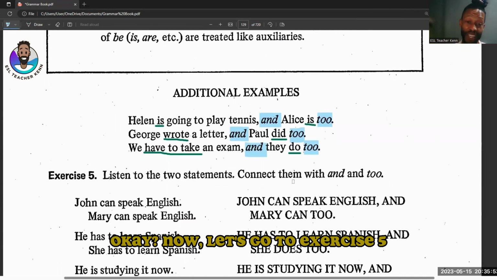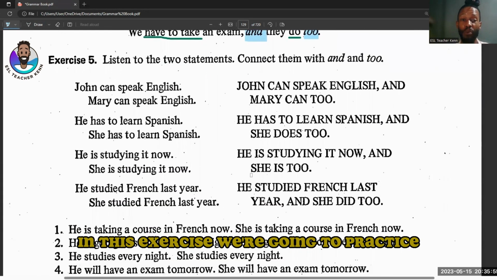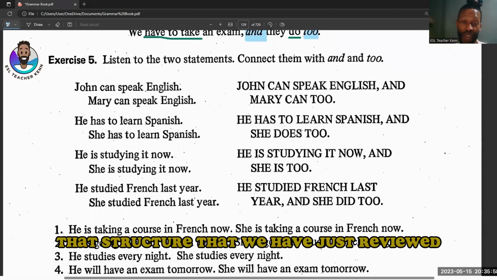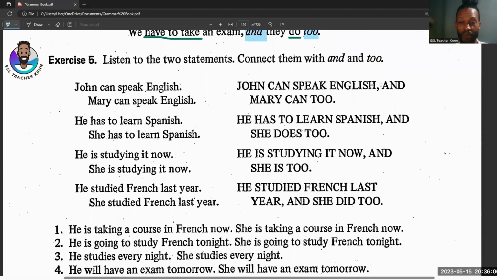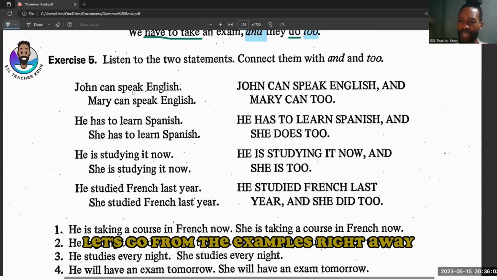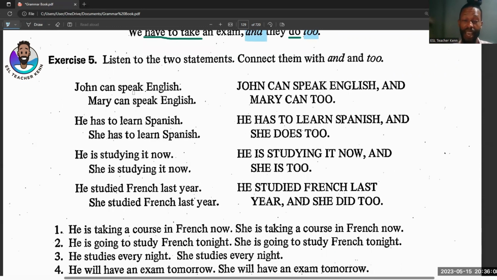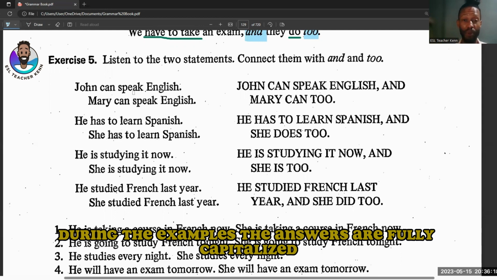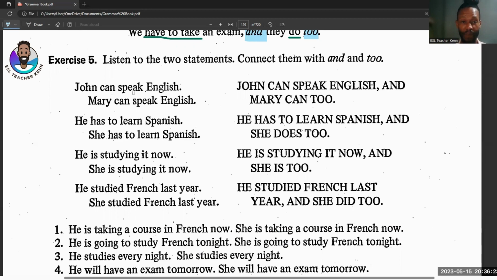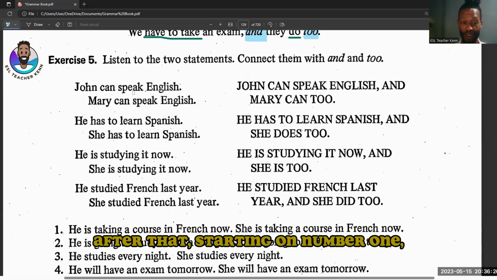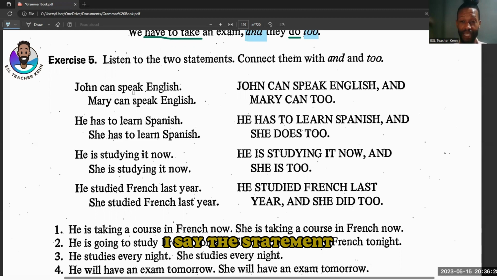Now let's go to exercise 5. In this exercise, we're going to practice that structure that we have just reviewed. Let's go from the examples right away. Remember the way we work this exercise? I will say the statement and then give you a moment to give me the correct answer. During the examples, the answers are fully capitalized. After that, starting number 1, I say the statement.